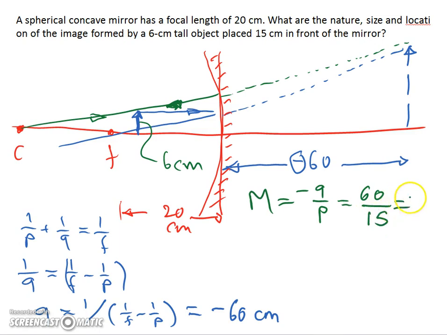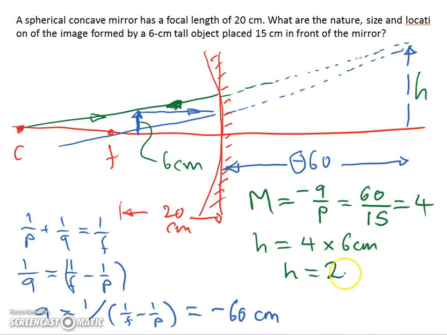So the magnification is 4. Magnification is how much bigger an image is than the object. So the height of the image, h, is equal to 4 times the height of the object, which is 6 centimeters. So the height is going to be 24 centimeters.